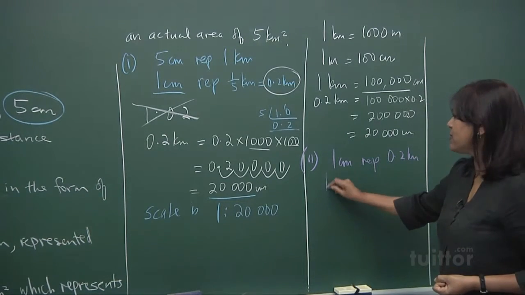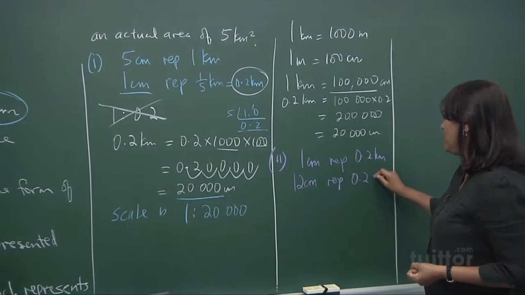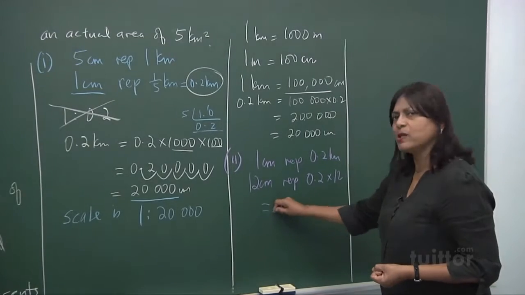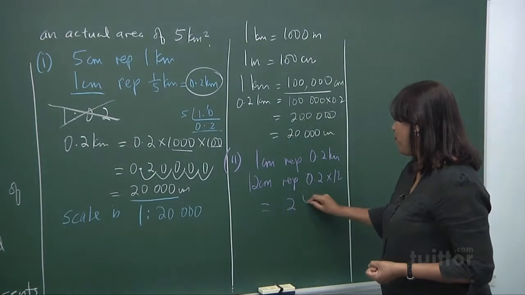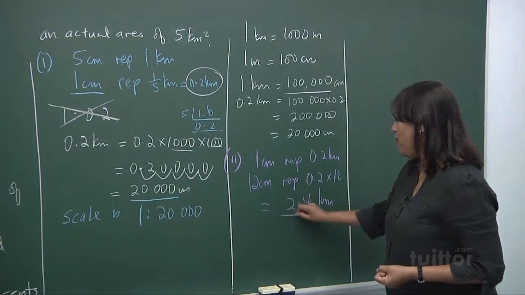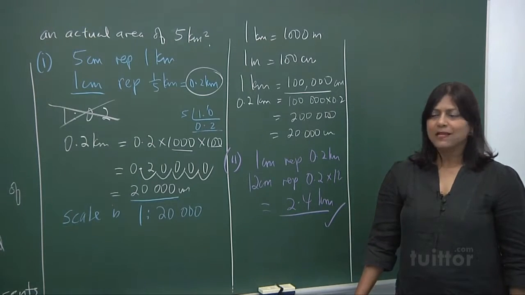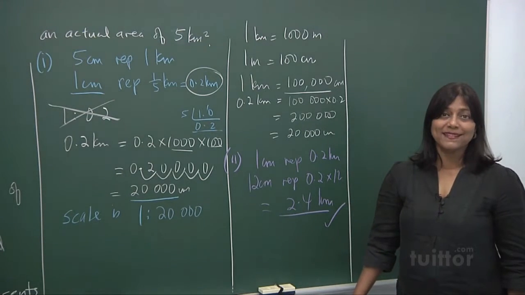So what does 12 cm represent? Alright, you multiply 0.2 times 12. What is 12 times 2? 24. 1 decimal place, so it's 2.4 kilometers. So 12 cm represents 2.4 kilometers.